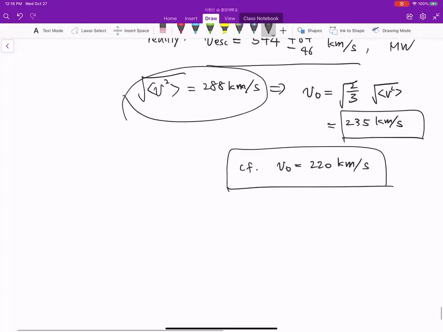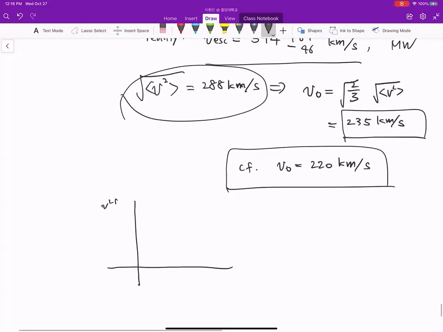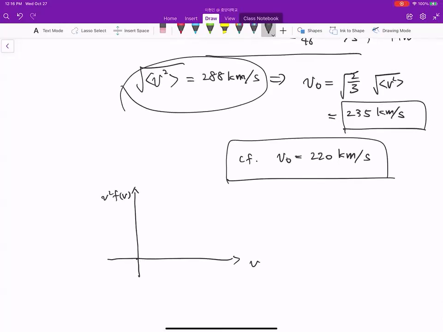So this V0 is important because in the end, we need to draw the velocity distribution. This is the velocity distribution, v squared, and the phase space distribution. You see, we have this kind of distribution. The maximum appears at V0, right?